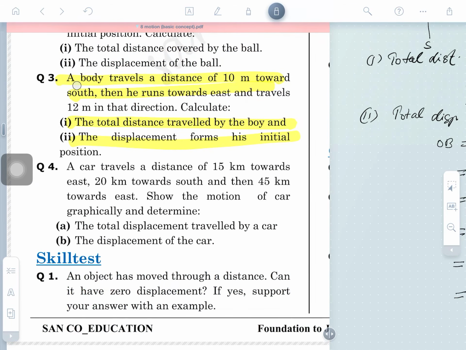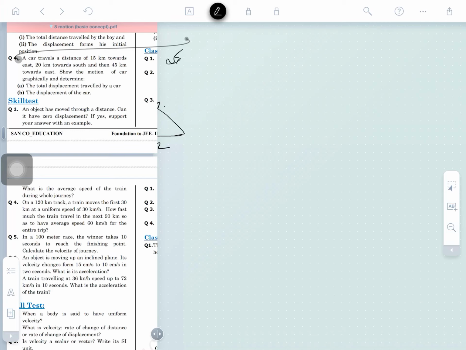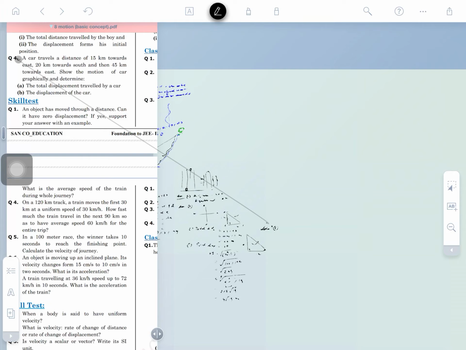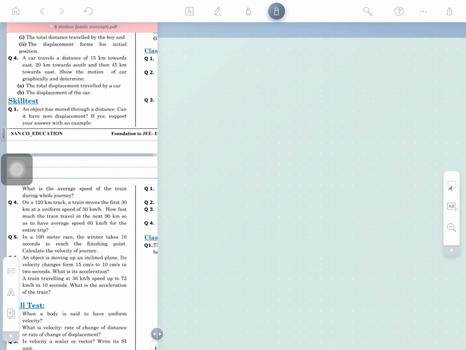A car travels a distance of 15 kilometer toward east.